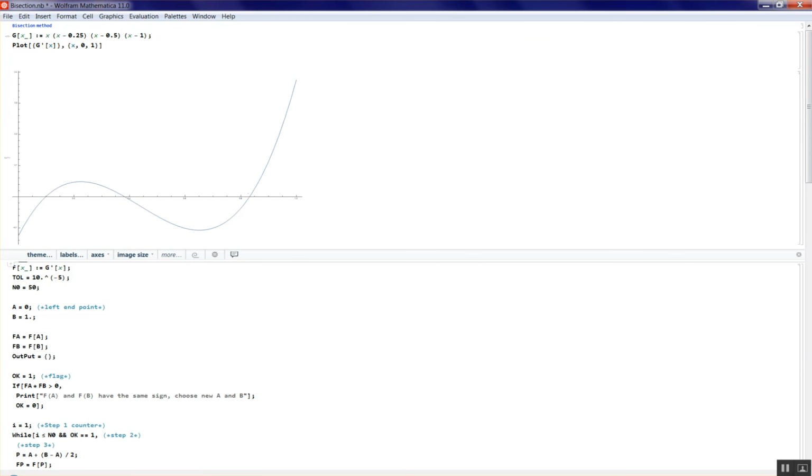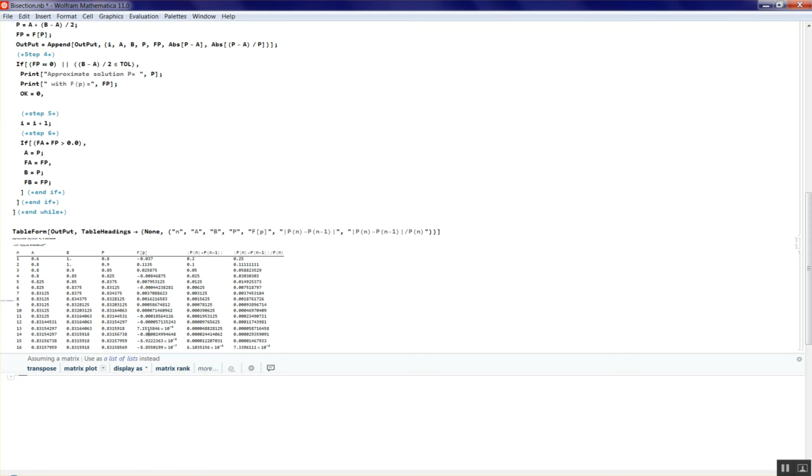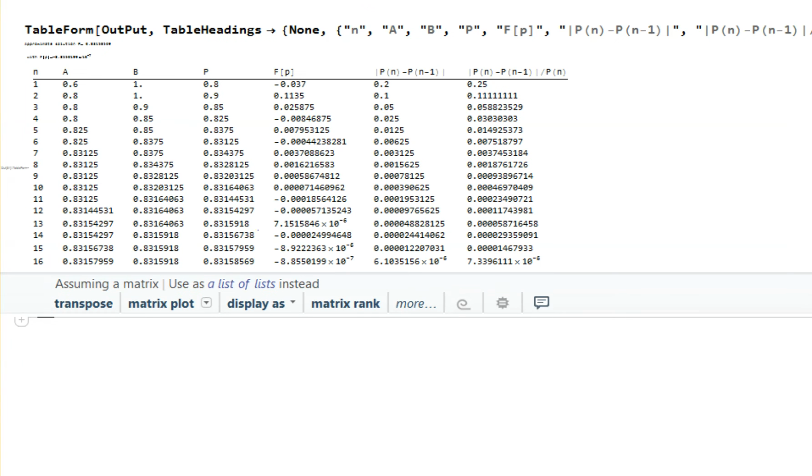You do see the critical point, which is in between 0.6 and 1.0. At 0.6 the derivative is negative, and at 0 it is positive. So I would like to change my initial interval to 0.6 to 1, and I will run this program, and now I find the critical value I need, which is this guy.